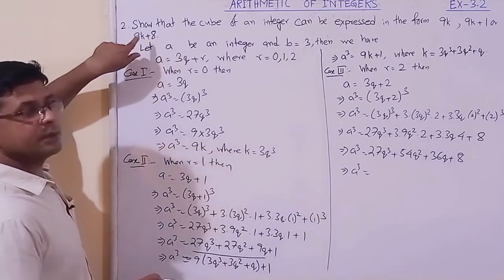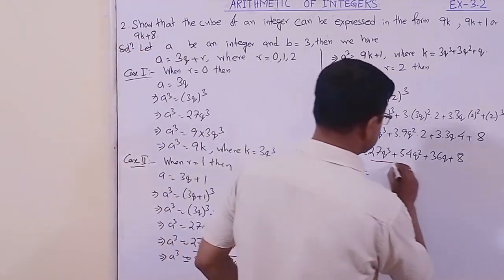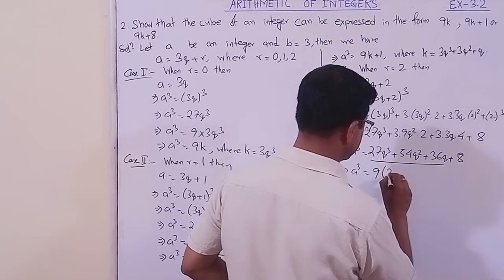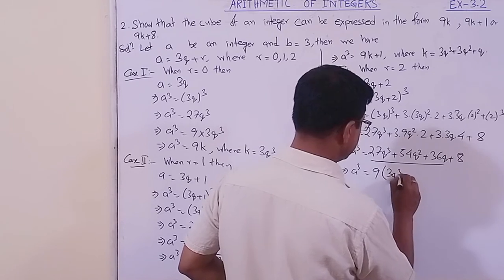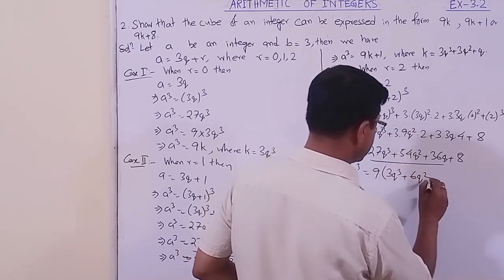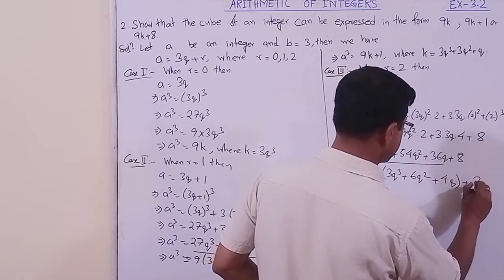So at the end we find that plus 8 is there. So this will be in this form. By this we understand that we have to take 9 common from this part. So let us take 9 common. What will be left? 9 3s are 27, q cube; 9 6s are 54, q square; plus 9 4q, alright, plus 8.